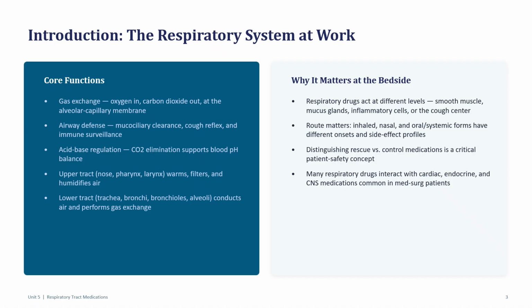Those warm, filter, and humidify air. And that's where allergies, like the cold and congestion, live. And then you have your lower tract, your trachea down through the alveoli. This is where gas exchange and airflow happen. That's where asthma and COPD live.